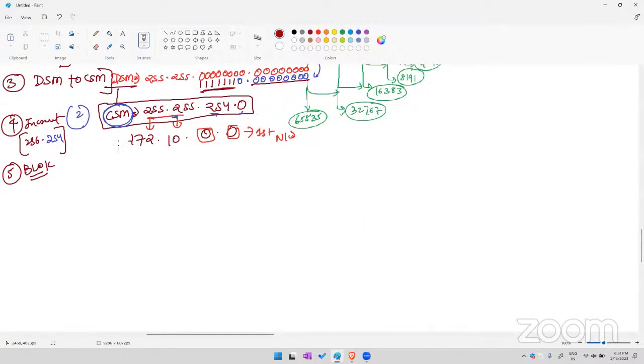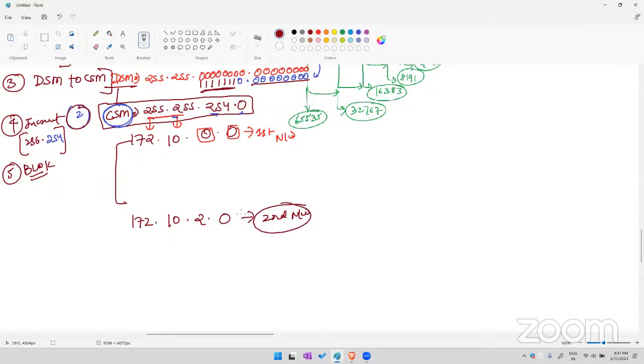Now how to get the block valid IP? Again, simple. Write down 2 octets as they are, 172.10 dot. So this increment value must be put on the third octet or fourth octet. First, we need to put this increment value 2 in the third octet, 2.0, and this one creates a second network.